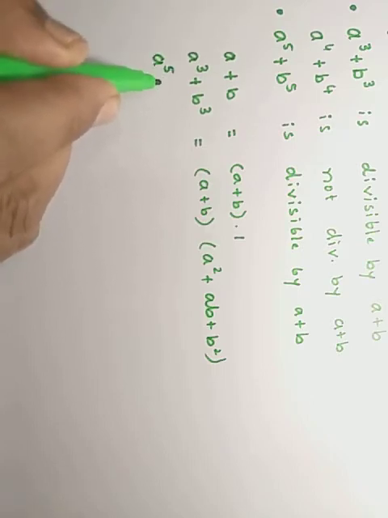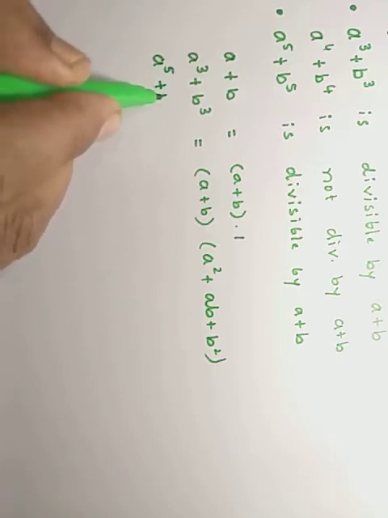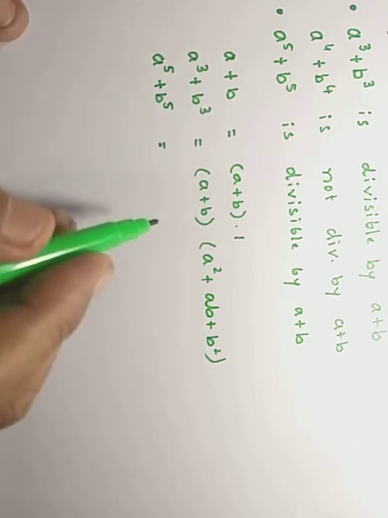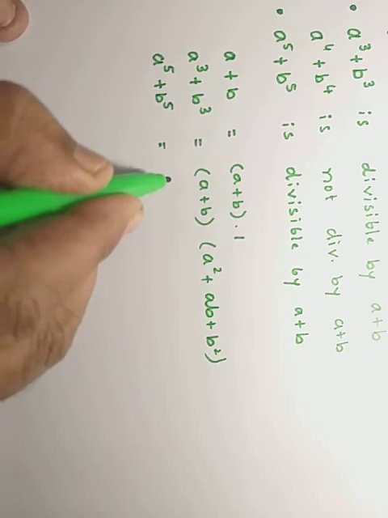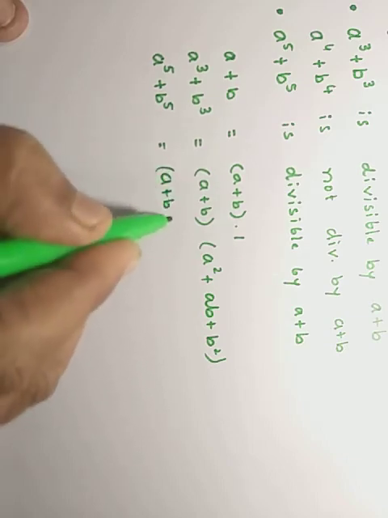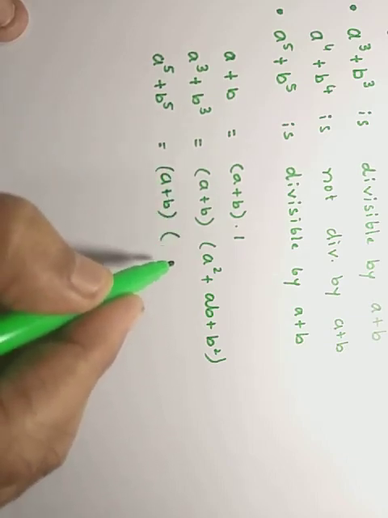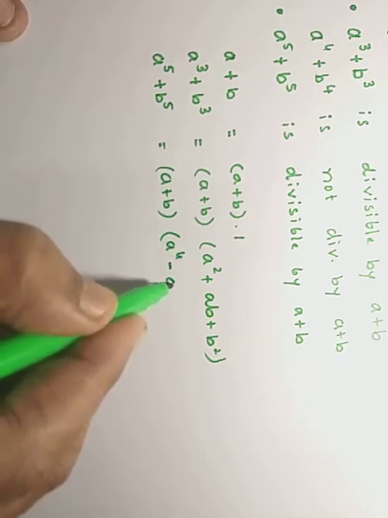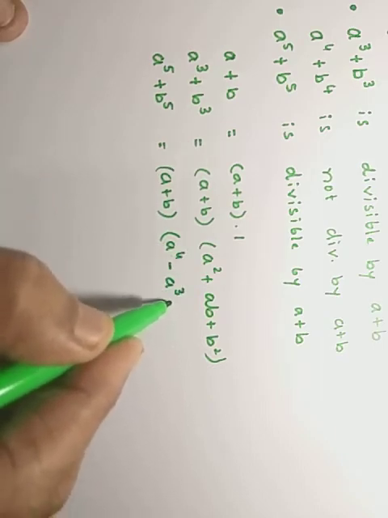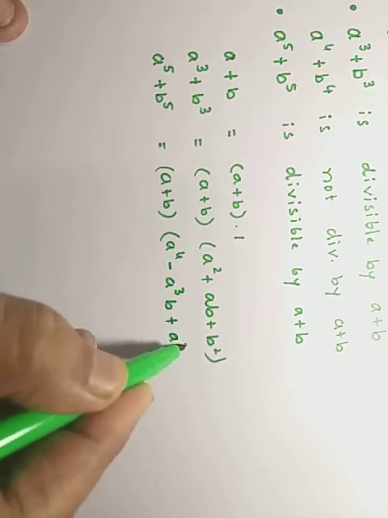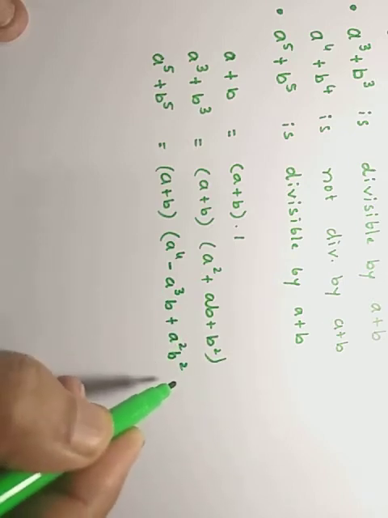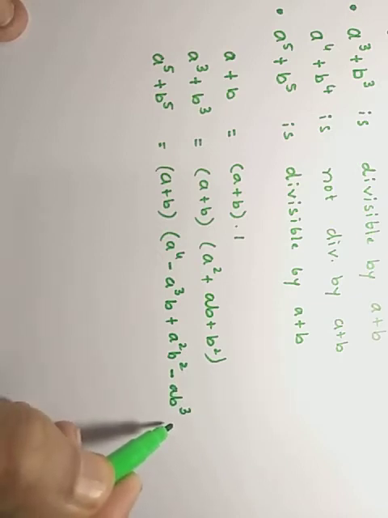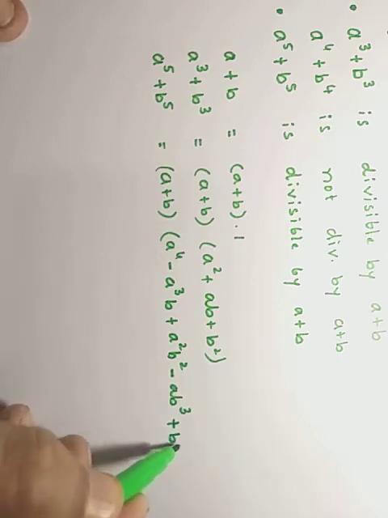Similarly, we find A to the power 5 plus B to the power 5 is equal to A plus B into A to the power 4 minus A cube B plus A square B square minus AB cube plus B raised to 4.